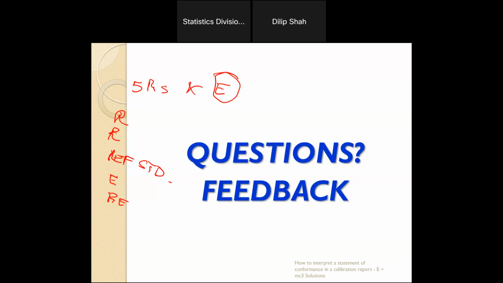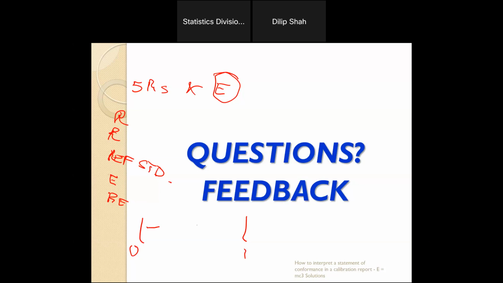Yeah, so this is a great question because in the 17025 standard, they talk about doing intermediate checks in between calibration intervals. Okay, because the worst thing you could do as an end user of an equipment is you have the calibration interval, and then you have something calibrated and it comes out of calibration.